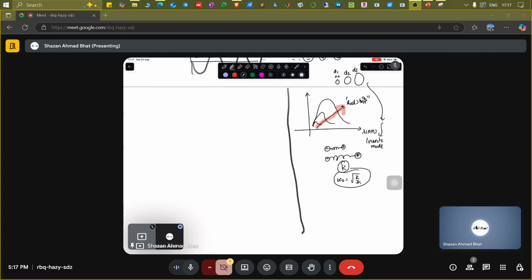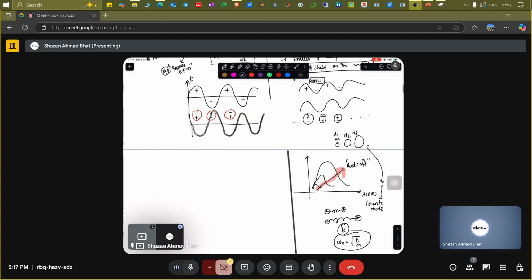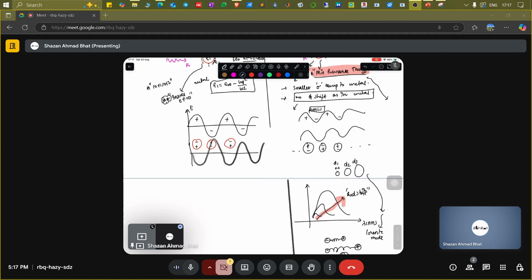Now, for example, as per Mie resonance theory, there is something called efficiency, which is the ratio of the scattering cross section divided by the area. That means the efficiency is equivalent to the scattering cross section divided by the area, pi r square, of the nanoparticle.